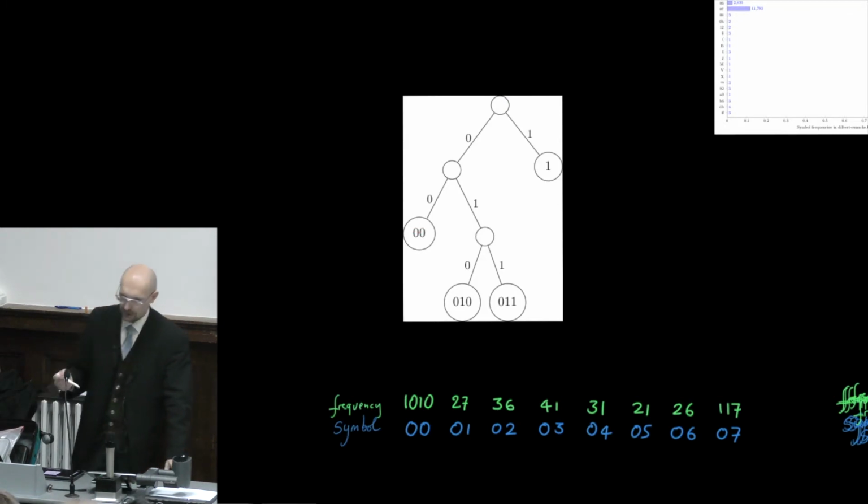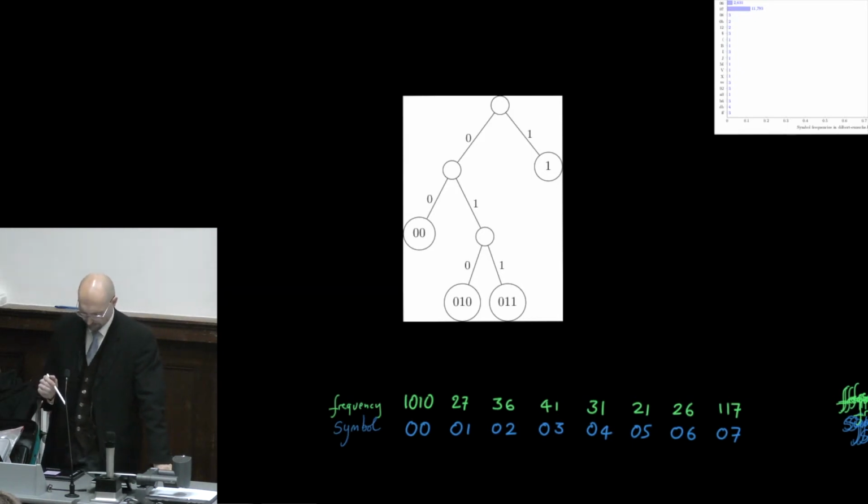There's no node that is a parent of just one child. In this type of tree, you can call the nodes that have no children the leaves of the tree, and the leaf of each tree is associated with a code that's obtained by taking the bits on the branches that lead to it from the root.